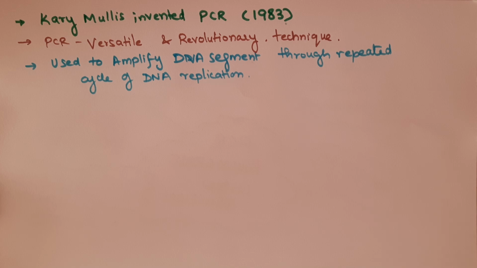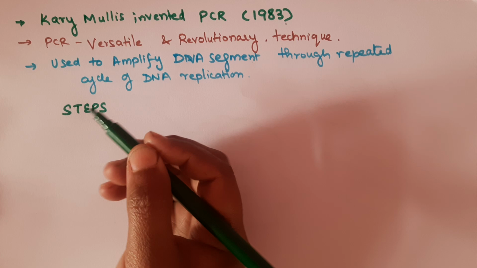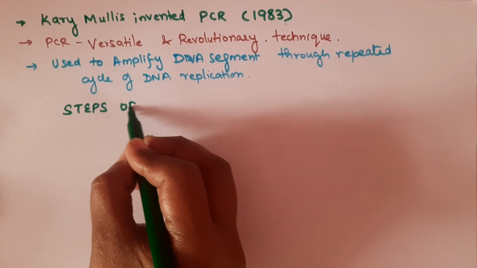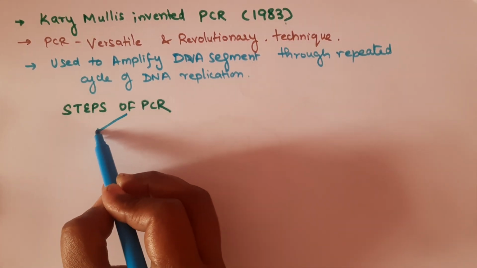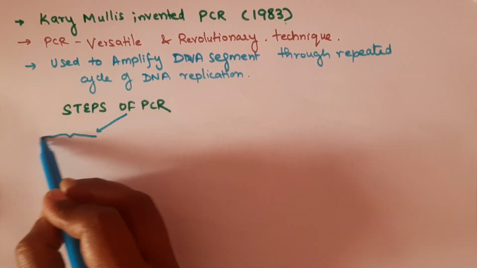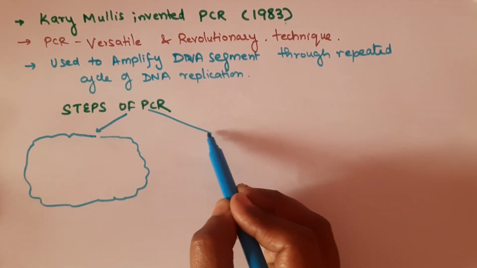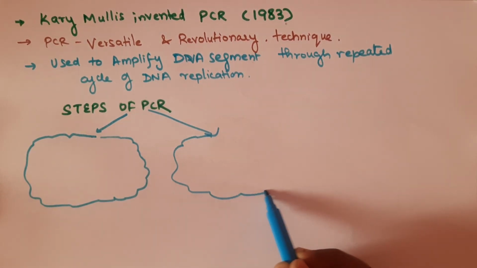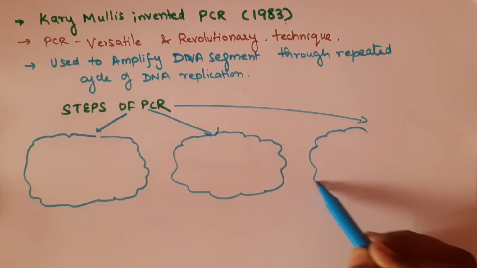So now let's talk about the steps involved in PCR. Basically there are 3 steps. I will just make 3 different steps, and each will represent one step.